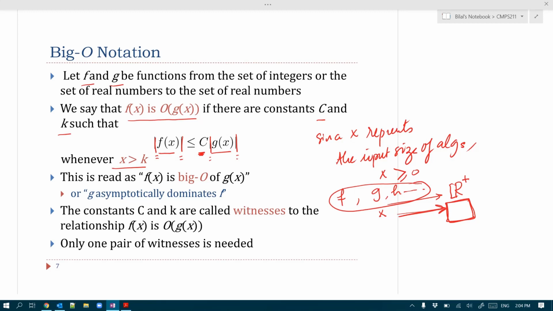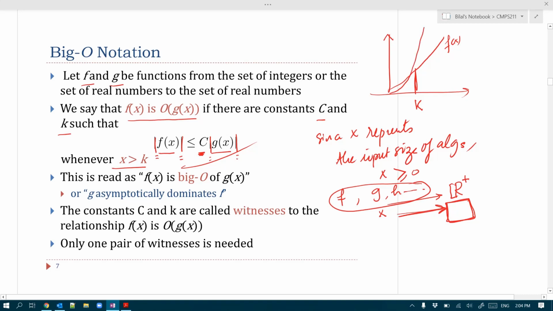So, just to see this definition visually, those two constants, C and K, represent two things. K is kind of a threshold starting from which the function f of x is necessarily dominated by g of x. Maybe before k, it happens that g is being dominated by f.